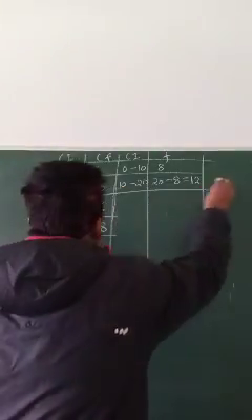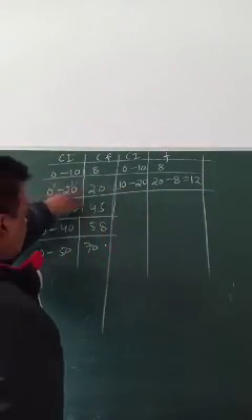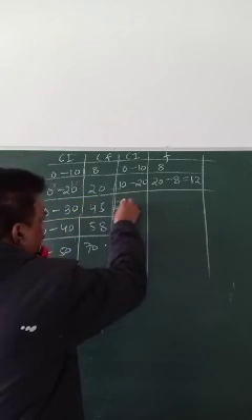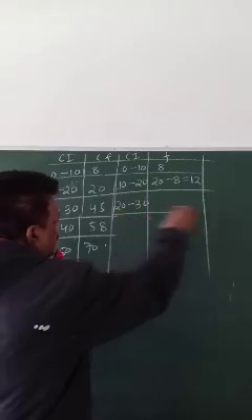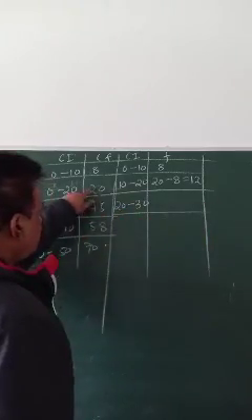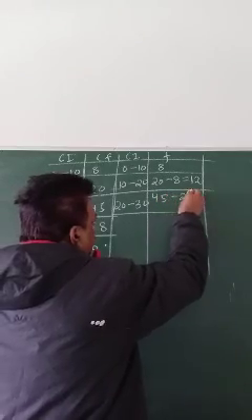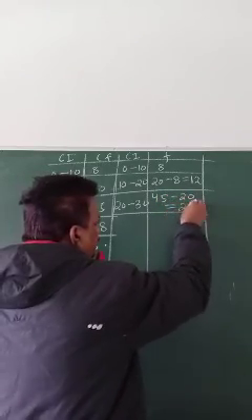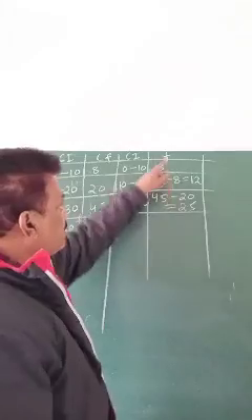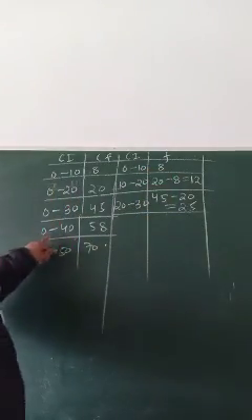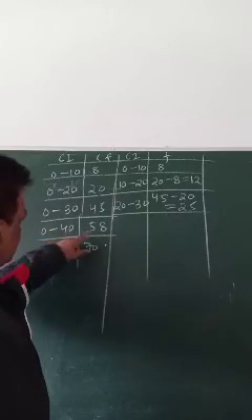Now look, up to 20 is 20. So 0 to 30 is 45. So 20 to 30 will be 45 minus 20, that is 25. So the frequency table is coming. What is the meaning of 0 to 40? 0 to 40 is 58.